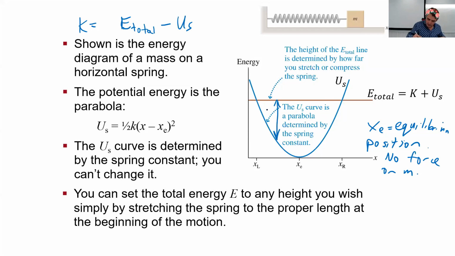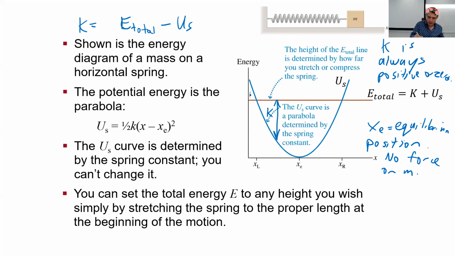This is called K, and K must be positive. K is always positive, or 0. If K is negative, it means it's not allowed. You can't have a negative kinetic energy.